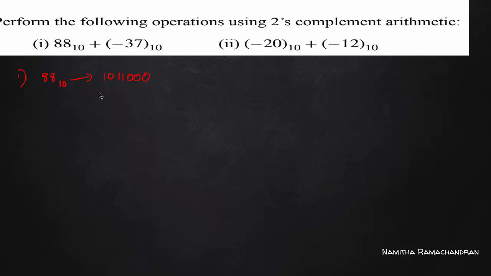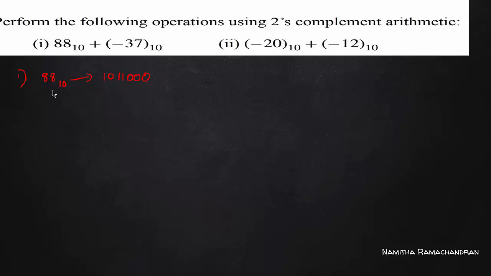Okay, in 2's complement arithmetic, what will be the representation for this positive 88? We know that for a positive number, in signed magnitude form, 1's complement form, and 2's complement form, all the representations are the same. That representation is the signed magnitude representation of the given number.